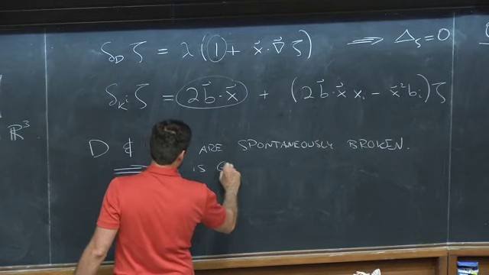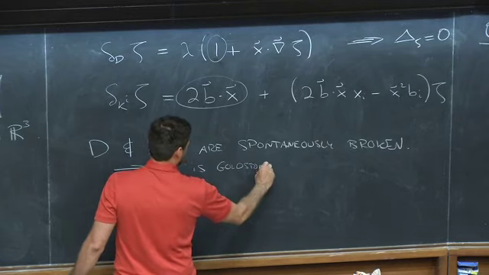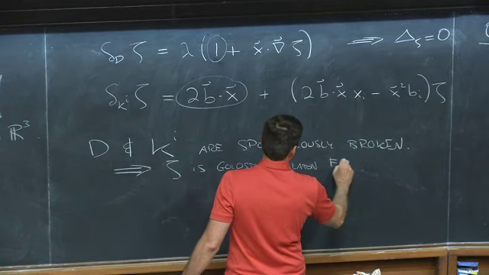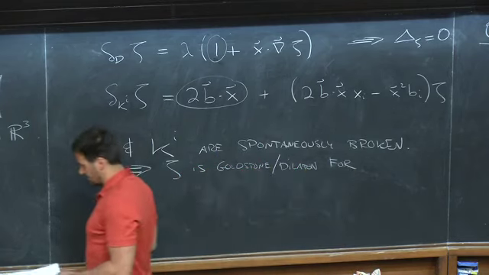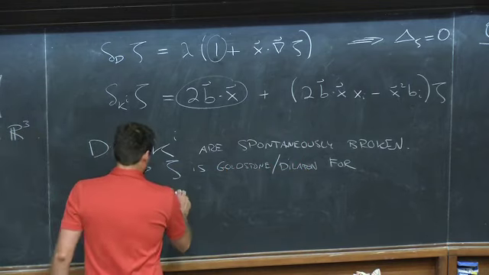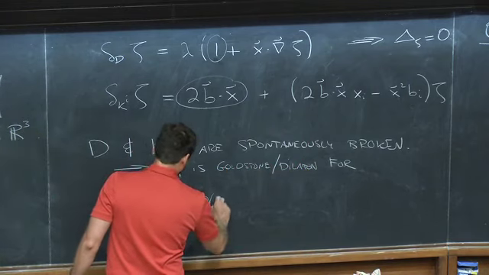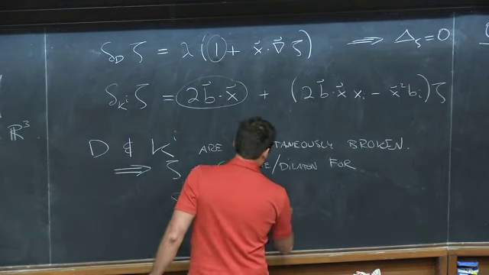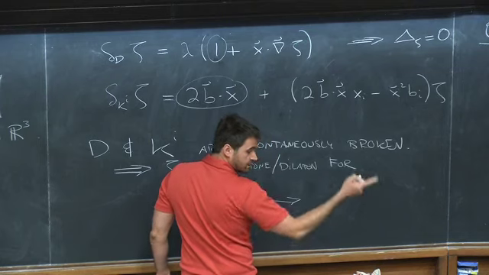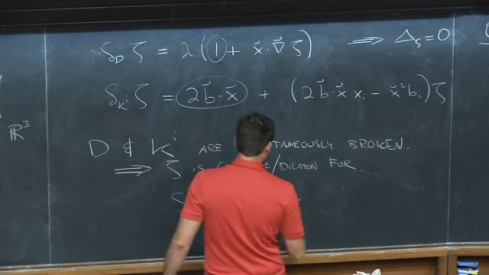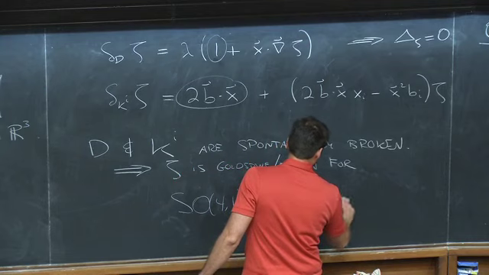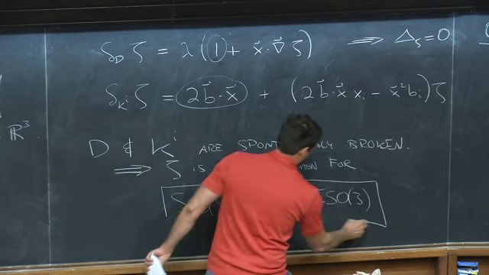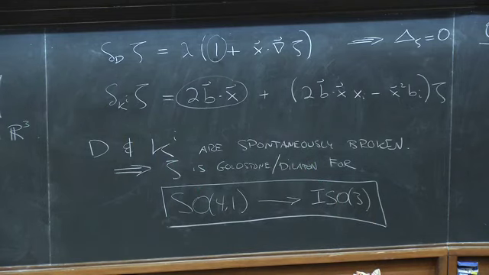We identify zeta as the Goldstone or the dilaton for the symmetry breaking pattern, which is SO(4,1), the group of conformal transformations on R3, being spontaneously broken down to spatial translations and spatial rotations, which remain linearly realized, and that's the inhomogeneous special orthogonal group in 3 dimensions. Okay, so this is very nice.